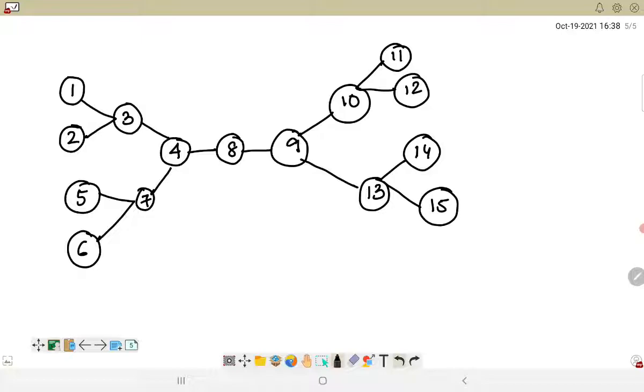Suppose we have a graph like this, and let's say the initial node is 1, and 15 is the goal node.